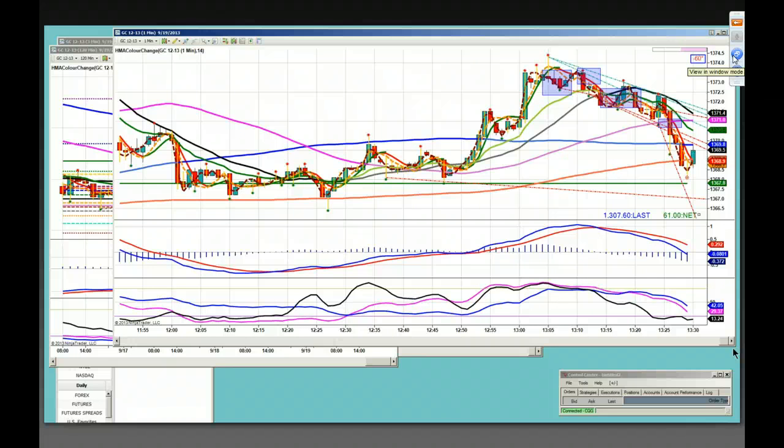And then you can also fine tune it by saying, okay, maybe I'll get in when I see the HMA cross the 13 moving average as opposed to when the 13 crosses the 20, or when the Linreg crosses the HMA. You can fine tune your entries with additional indicators to help compensate for that lagging crossingness.